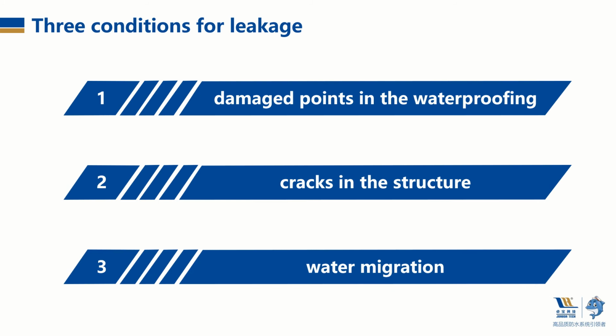In actual construction processes, we can't completely eliminate the damaged points and the structure cracks. If we can eliminate water migration, the leakage can be stopped. So we created a new kind of waterproofing concept, skin type waterproofing.